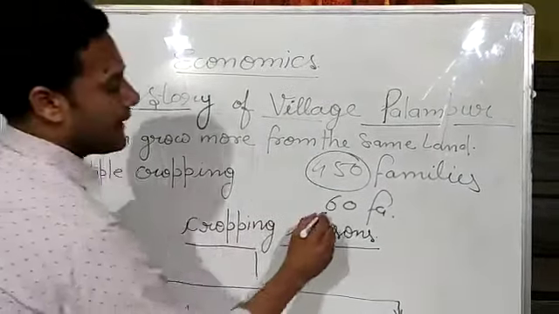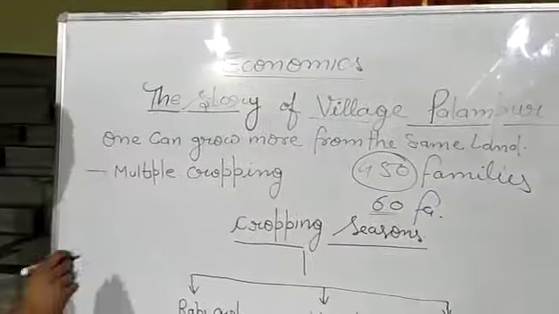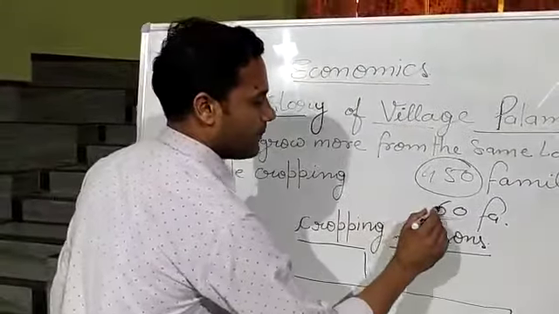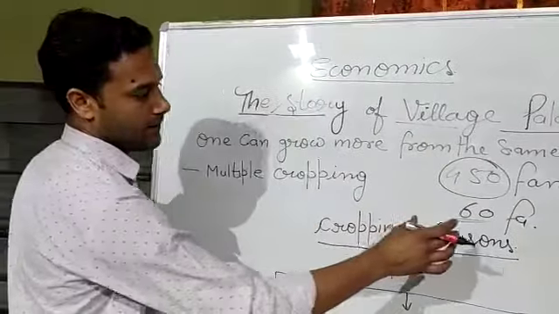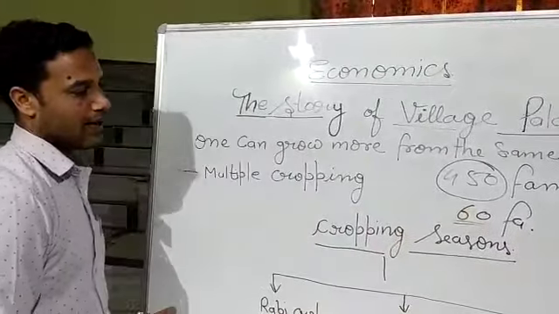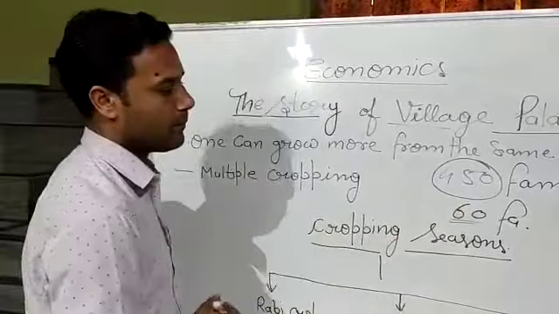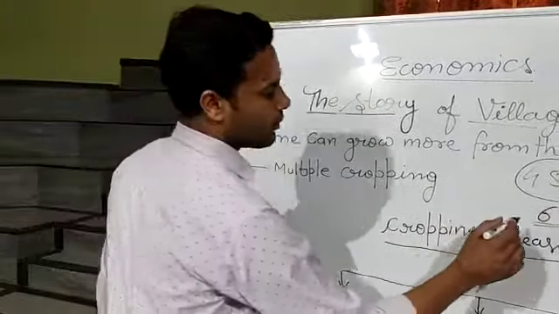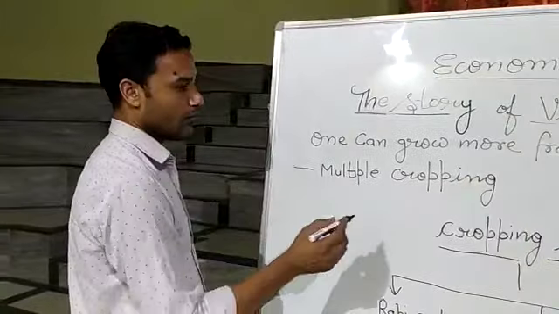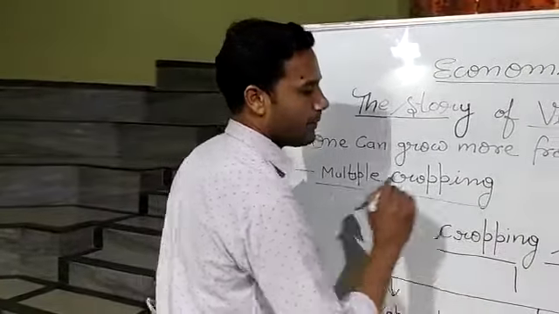Means they are landlords. So they have well-developed methods of farming, like a developed irrigation system, and they are taking multiple crops during the cropping season, during 1 year. So we must understand what is multiple cropping.